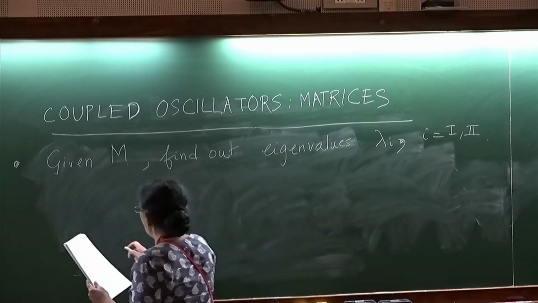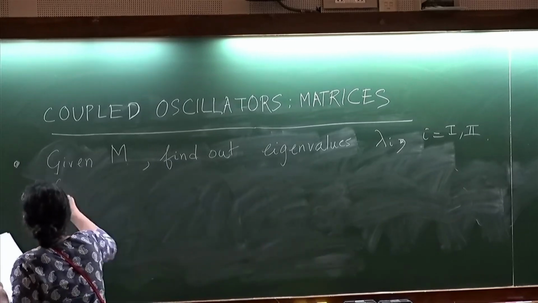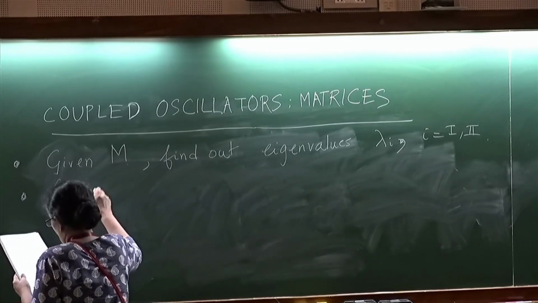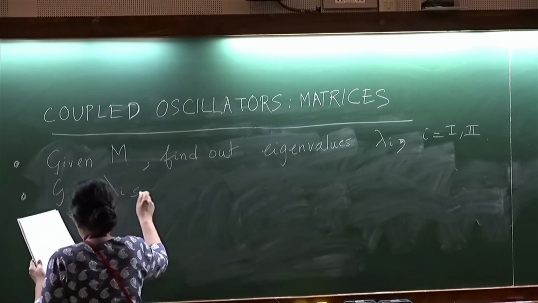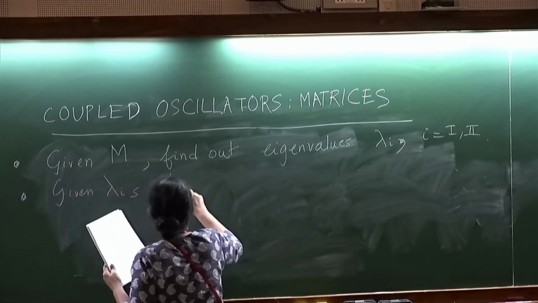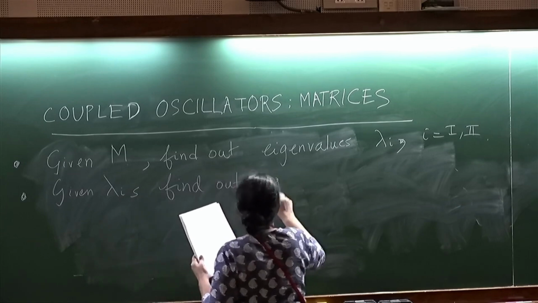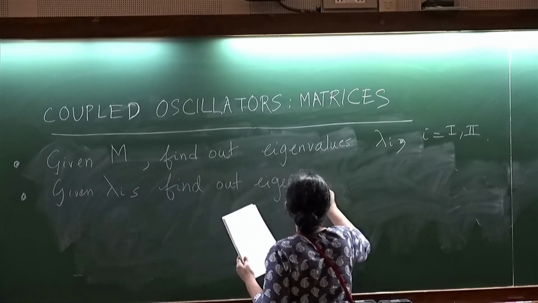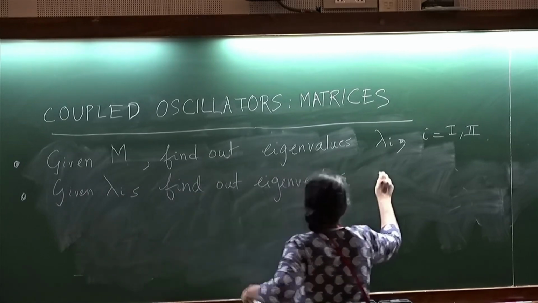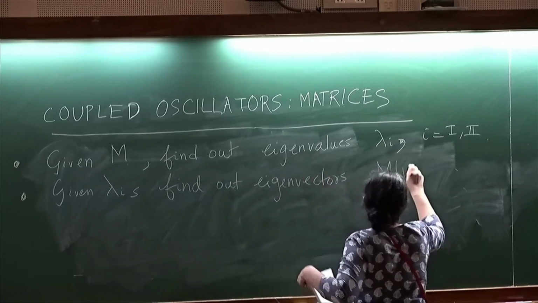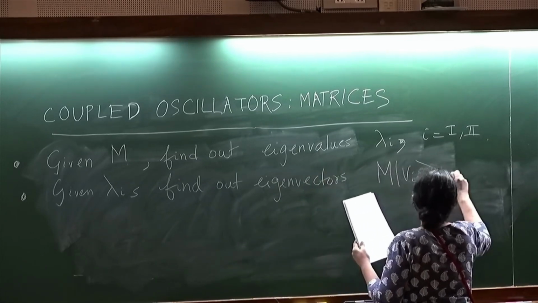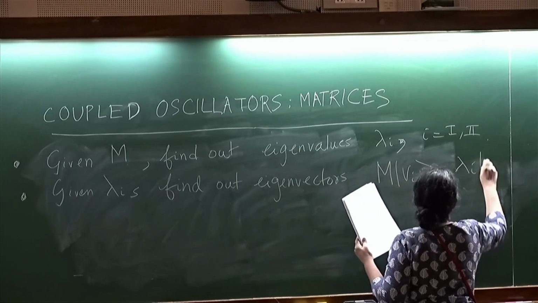Then given lambda i, find out the eigenvectors. That you do via the eigenvalue equation, right?